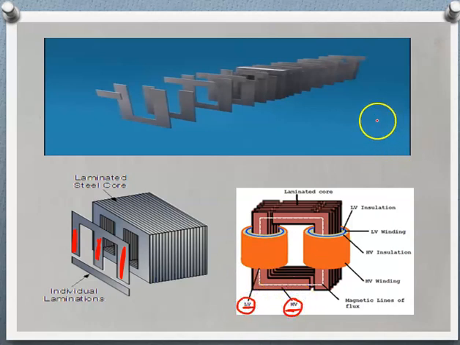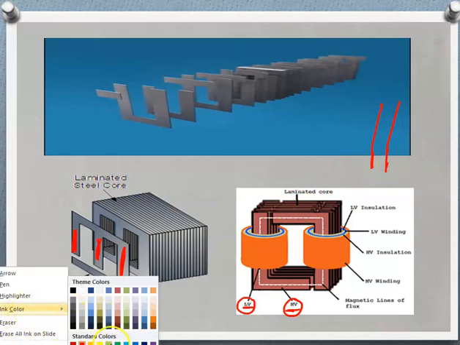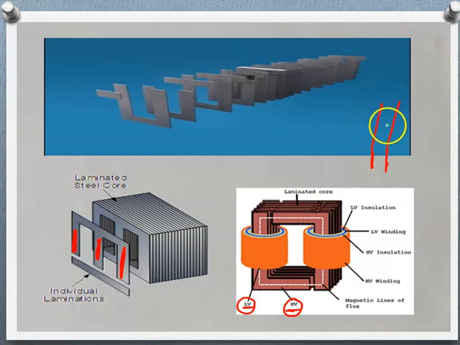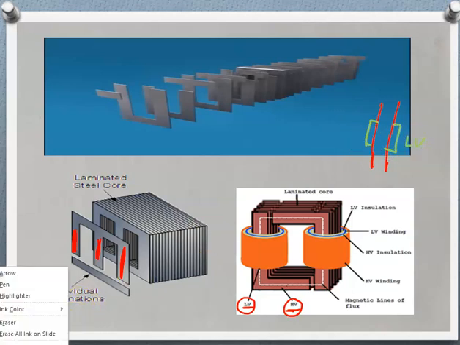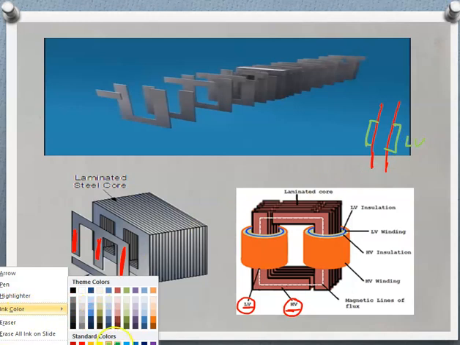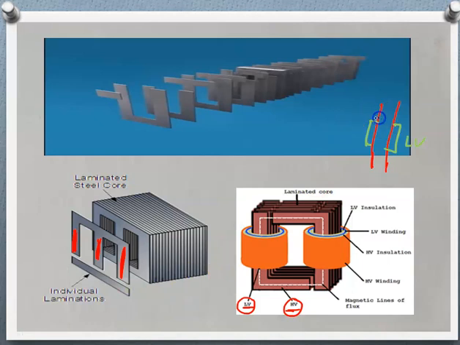Suppose this is a limb of a core. Then first we will place the LV winding, then some insulation surrounds this LV winding and we place the HV winding like this.